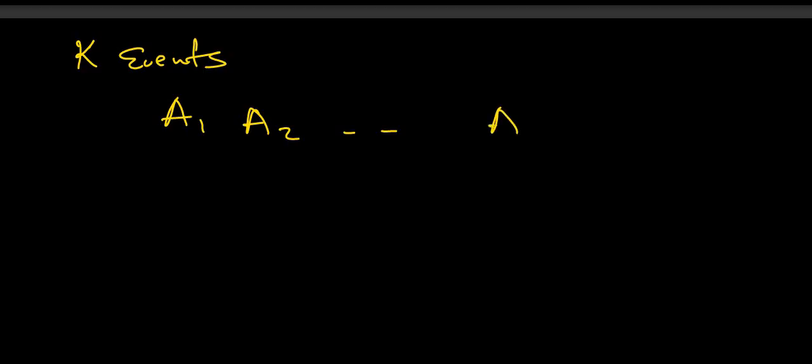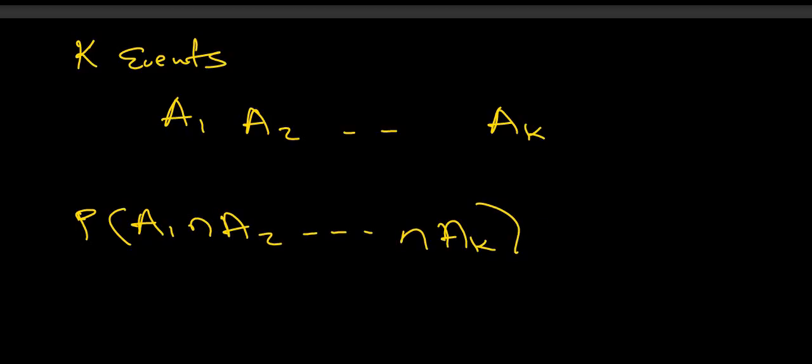If you have a bunch of sets, let's say you have k events, a1, a2 until you reach ak, the kth event, and these are mutually independent, then the probability of their intersection until you reach the last event is the same as their multiplication.